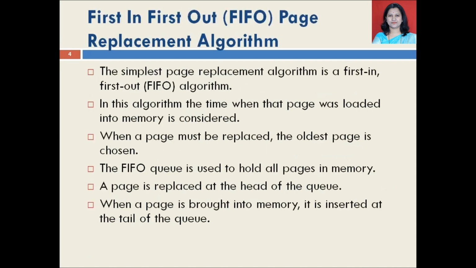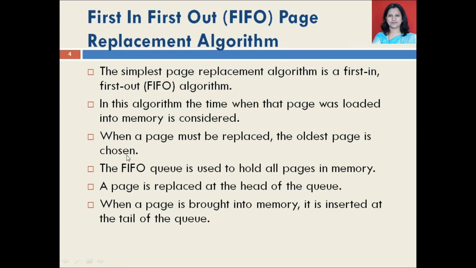So let us start with the first page replacement algorithm that we are going to implement, that is first in first out, okay. This is the simplest page replacement algorithm. In this algorithm, the time when that page was loaded into memory is considered.